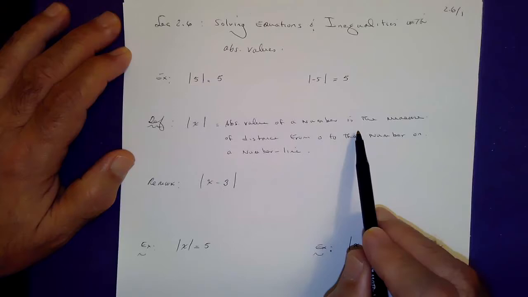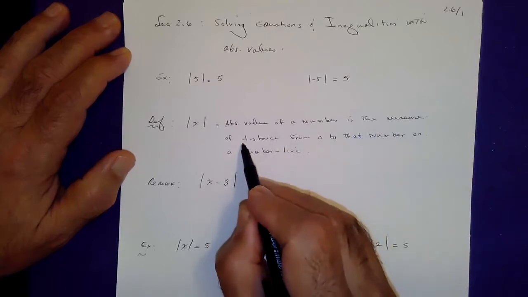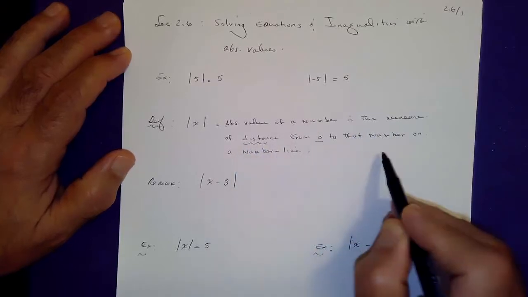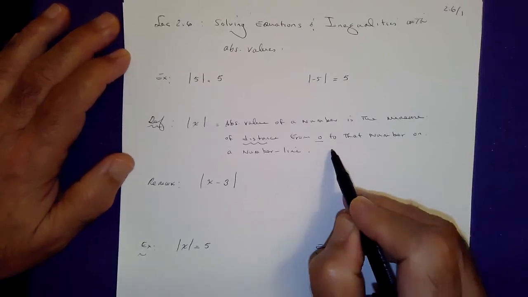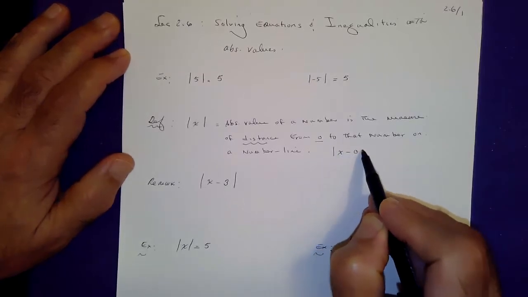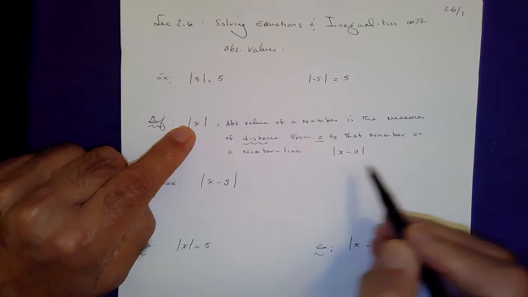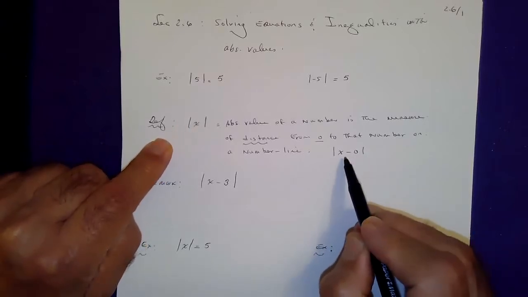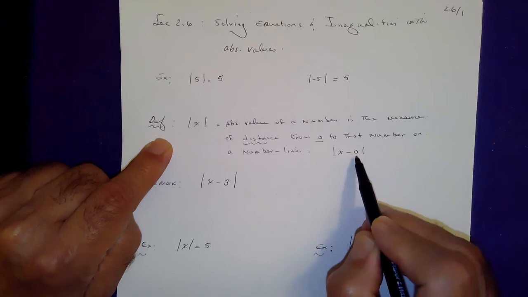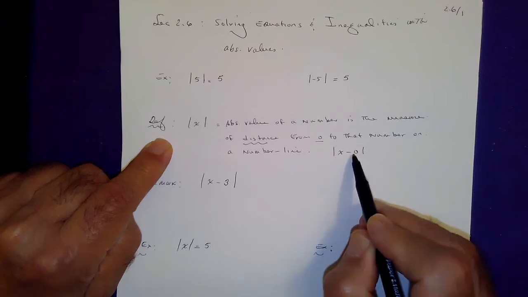Absolute value of a number is defined to be the measure of distance from 0 to that number on a number line. So in other words, if I have x minus 0, which you don't see here, this represents the measure of distance from an unknown number to 0 on a number line.